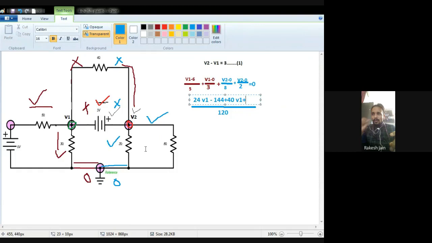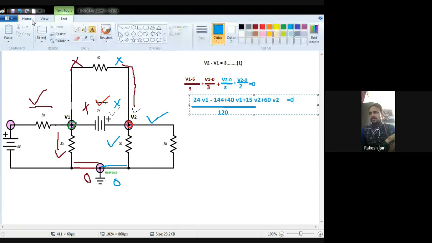Then 120 divided by 8, 15 times it will be divided. So 15 V2, then plus 60 times the 2 divided by, so 60 V2, that will be equal to 0. Okay, so this will be the LCM of this equation.